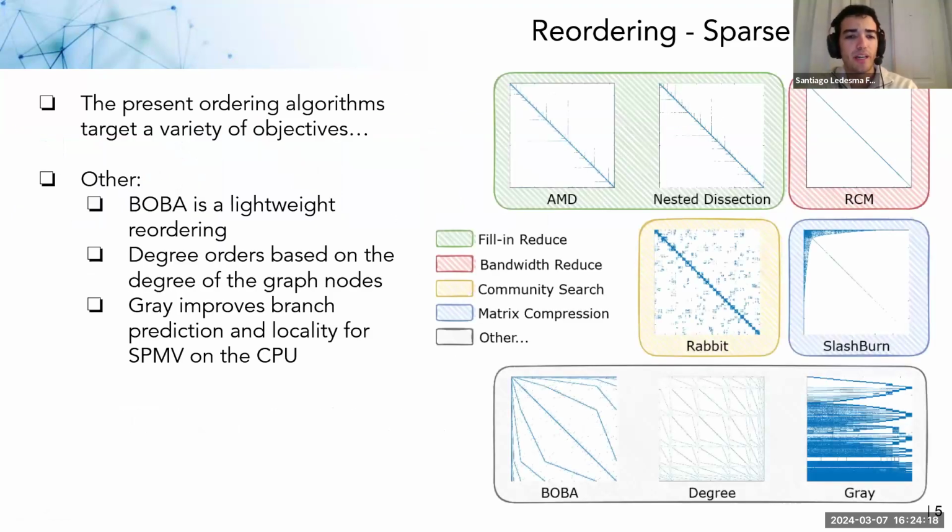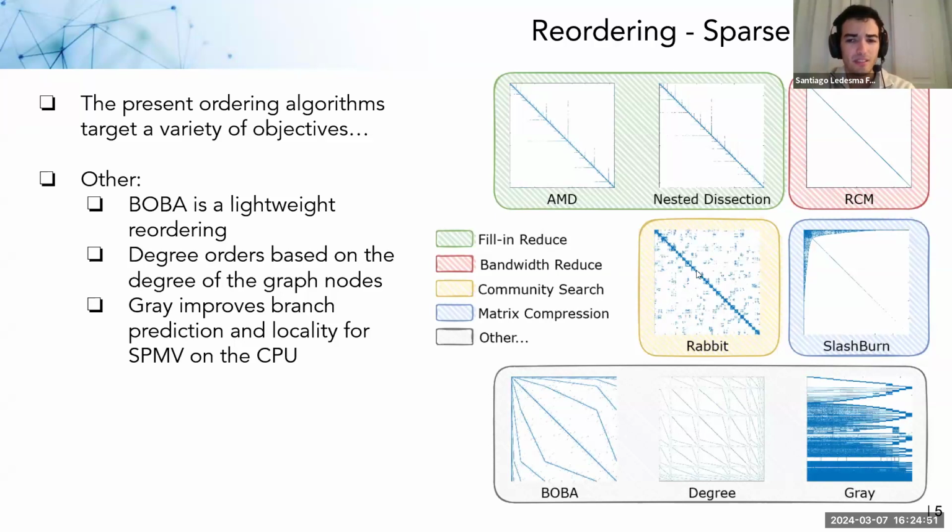Okay, so we have our 8 ordering algorithms, and we want to know what are the objectives that they target, so you know which one to pick. So AMD and nested dissection have a fill-in reduce approach, and they reduce the amount of fill-ins during factorization. If you want a more diagonal matrix, you can use RCM. If you want a community search algorithm, you can use Rabbit.